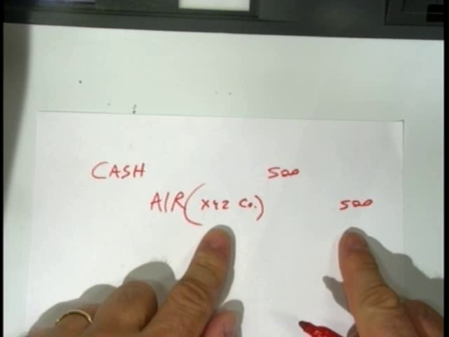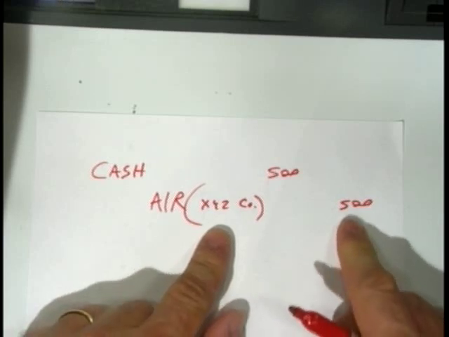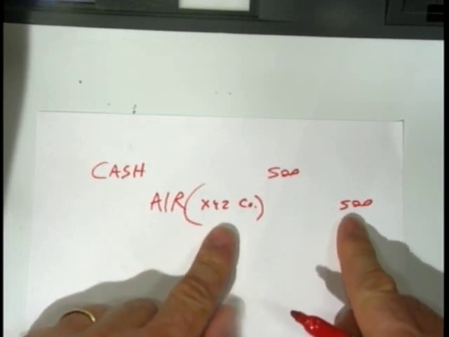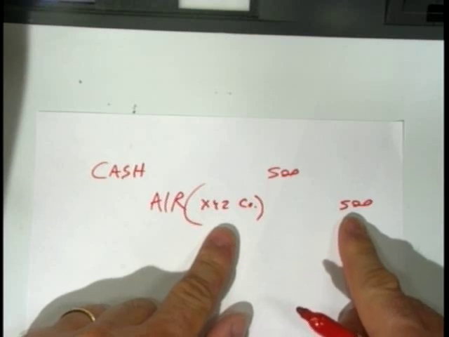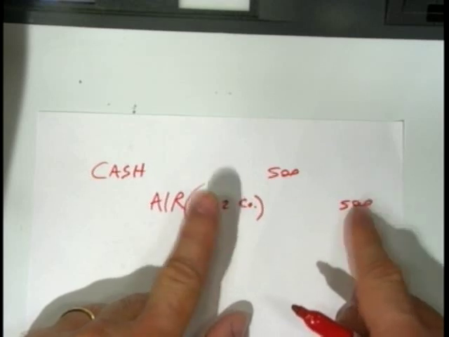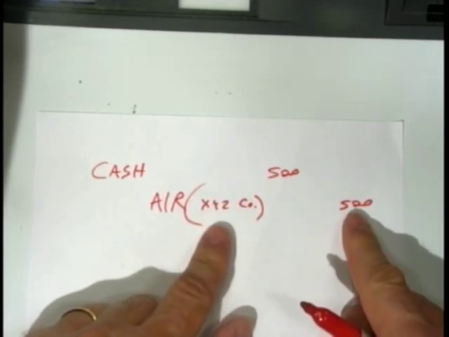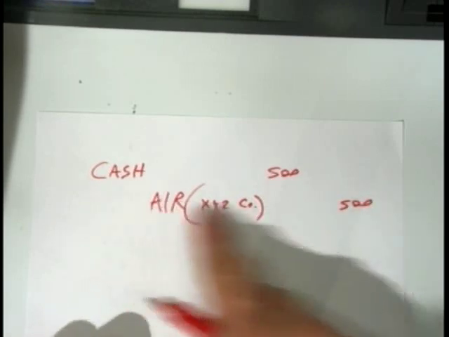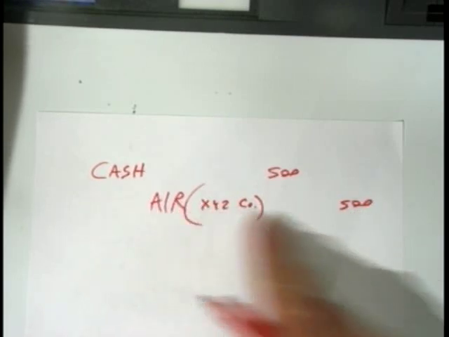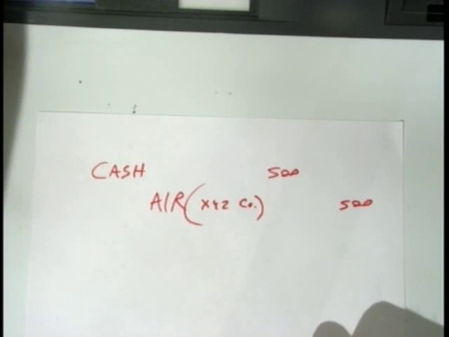Most of the time, the AR control is simply going to be a total of your subsidiary detail. So I don't want there to be confusion. Yes, debits always have to equal credits in a journal entry. It's just that with AR, we have to put that in two different places. Does that make sense? Questions? Are we good?